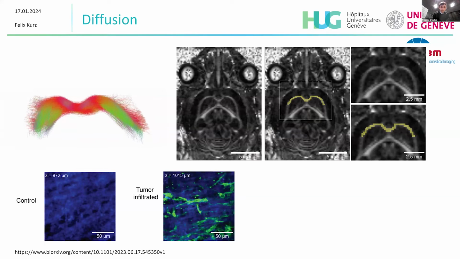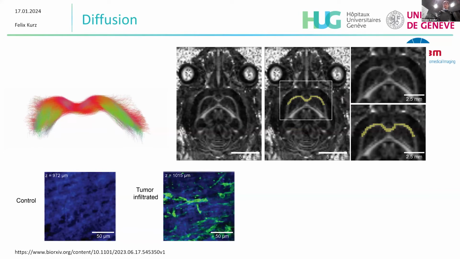We did the same for diffusion-based methods because we thought that tumor cell nests or resistant niches of tumor cells are mostly found in white matter, in this case, the corpus callosum. So we looked at DTI measures of the corpus callosum and we correlated with, in this case, 3D intravital microscopy, where you see here the infiltration of tumor.